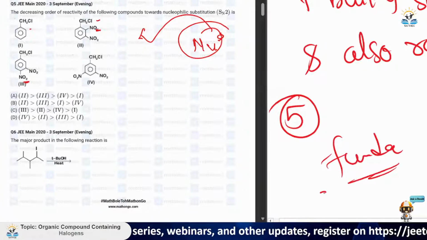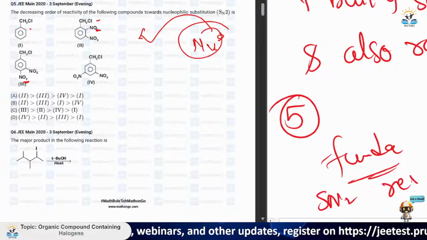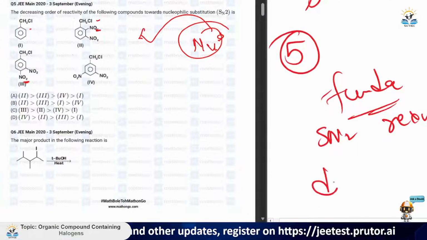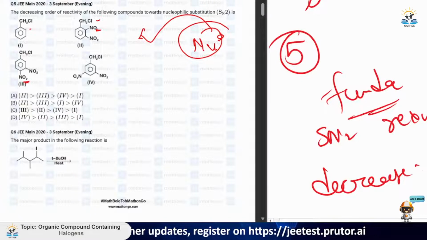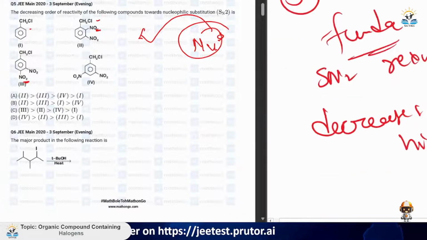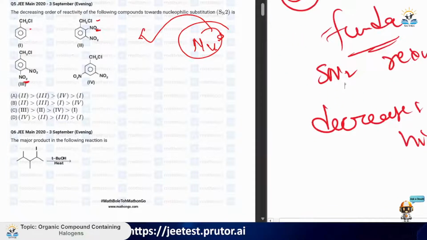So the main funda is that SN2 reaction rate decreases as hindrance increases. According to that, I will write the reactivity order, and we will check.